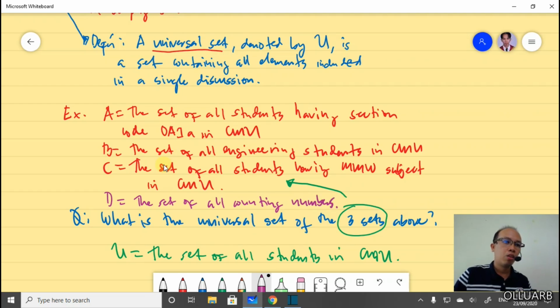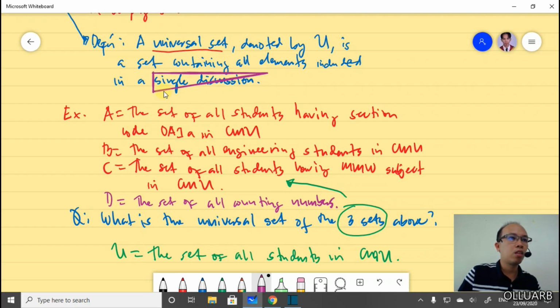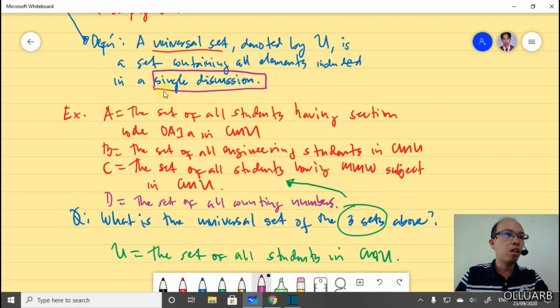If you add a set D, which is this set, this set U is not anymore the universal set. It is because it says here, the set containing all elements in a single discussion.